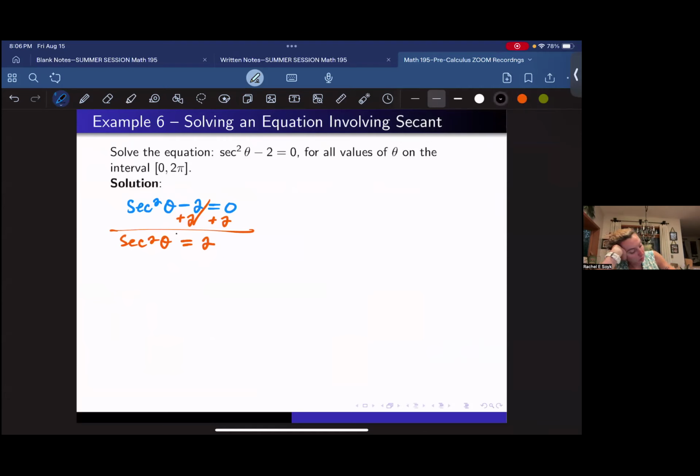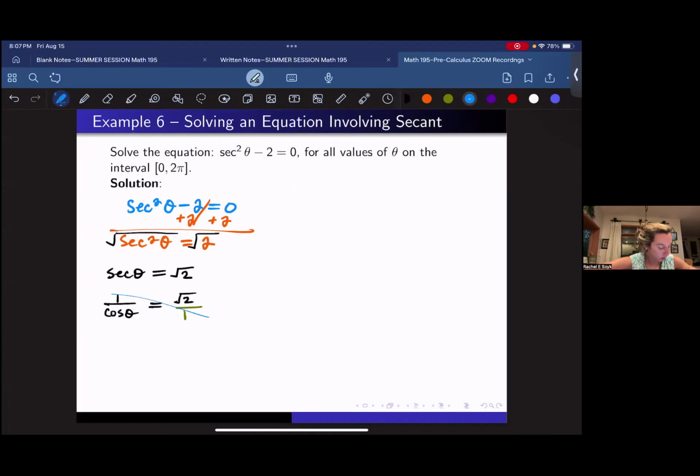Let's take the square root of both sides. And so we have secant of theta is equal to square root of 2. Secant is the same as 1 over cosine of theta. Square root of 2 is the same as square root of 2 over 1.